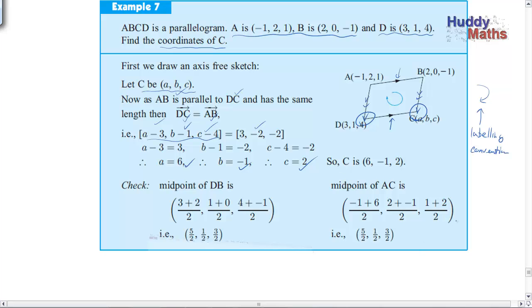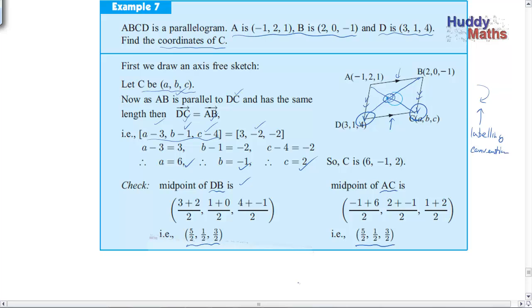And you could also do a little bit of checking here. The midpoint of DB and the midpoint of AC should be common. The diagonals of a parallelogram bisect each other. So if you find the midpoint of one diagonal and the midpoint of the other, their point of intersection should be in common, and it does check here.